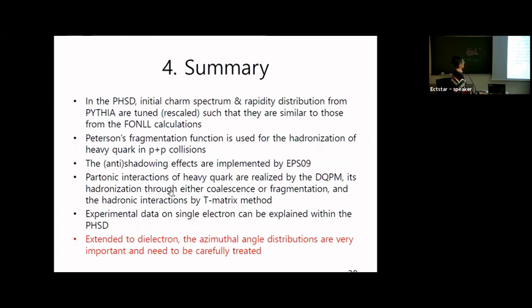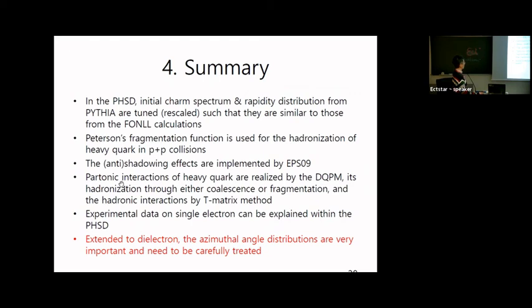In the Parton-Hadron-String Dynamics, the initial charm spectrum and rapidity distribution from PCR are tuned or rescaled such that they are similar to those from FONLL calculations. The Peterson fragmentation function is used for the hadronization of heavy quarks in pp collisions, and the shadowing or anti-shadowing effects are implemented by EPS09.